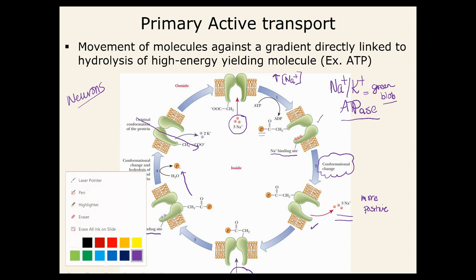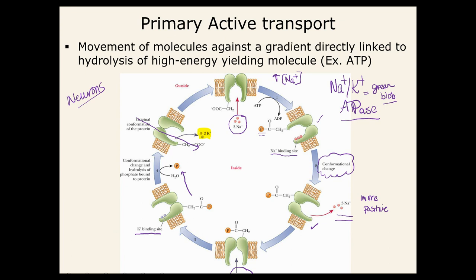And so what we're seeing here is, and I'll highlight it with color, two potassiums move into the cell, in opposite directions. So this is an antiport, right? Using that terminology, opposite direction. So 2 moles of potassium ion move in for every 3 sodium that goes out.